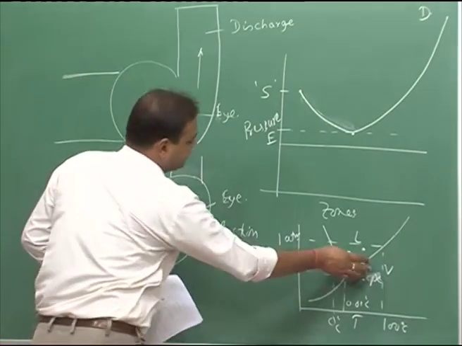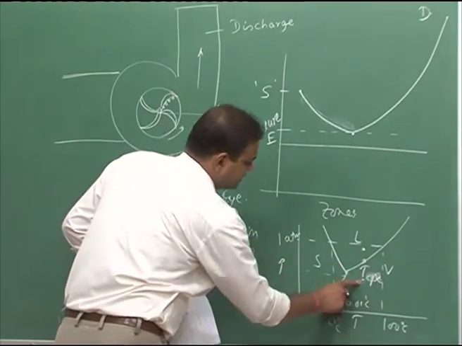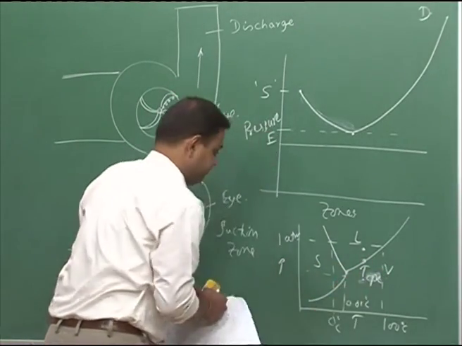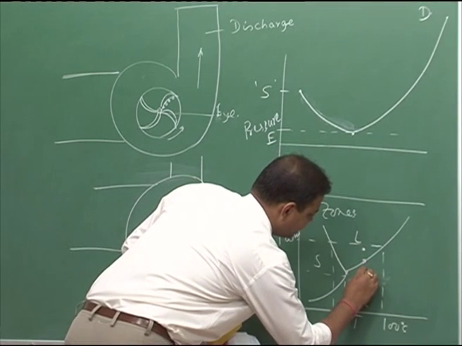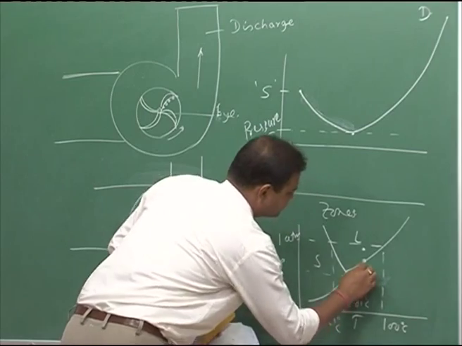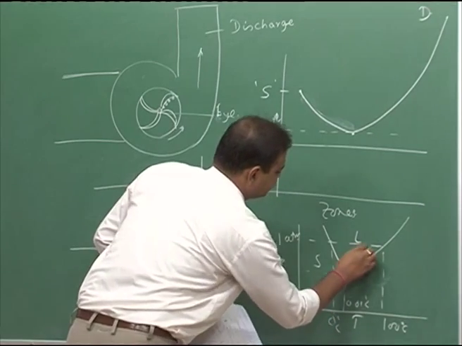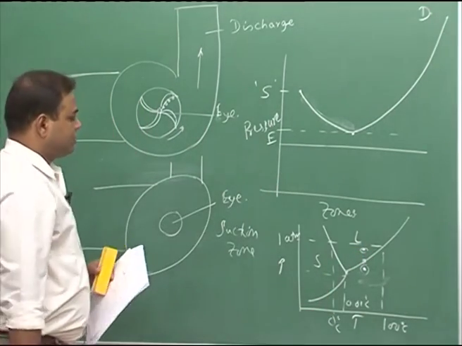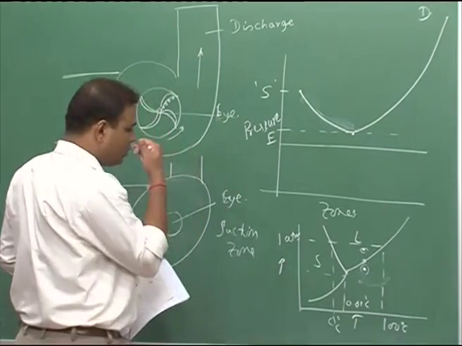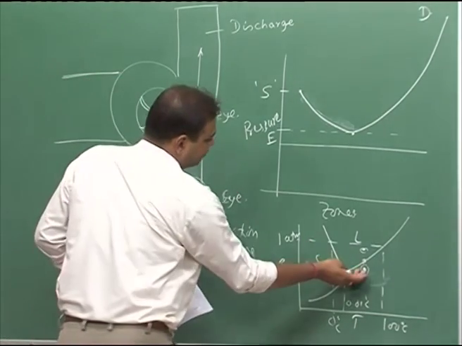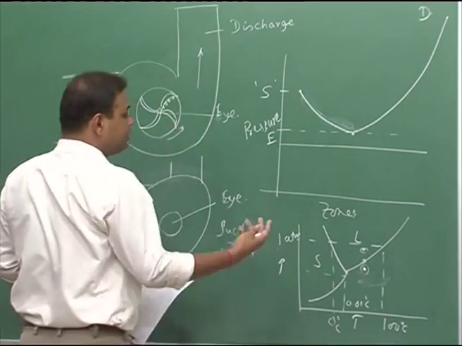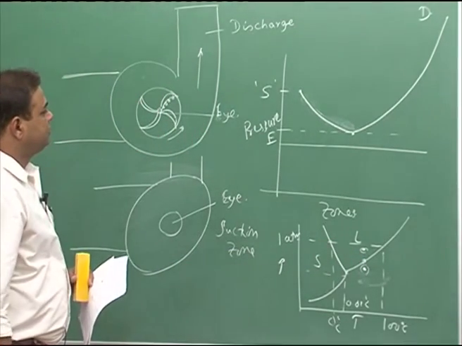This is just a schematic. Let us say the pressure drops here from high pressure. If it comes to the low pressure zone, a bubble forms, and if the bubble goes to the high pressure zone, the bubble will collapse.